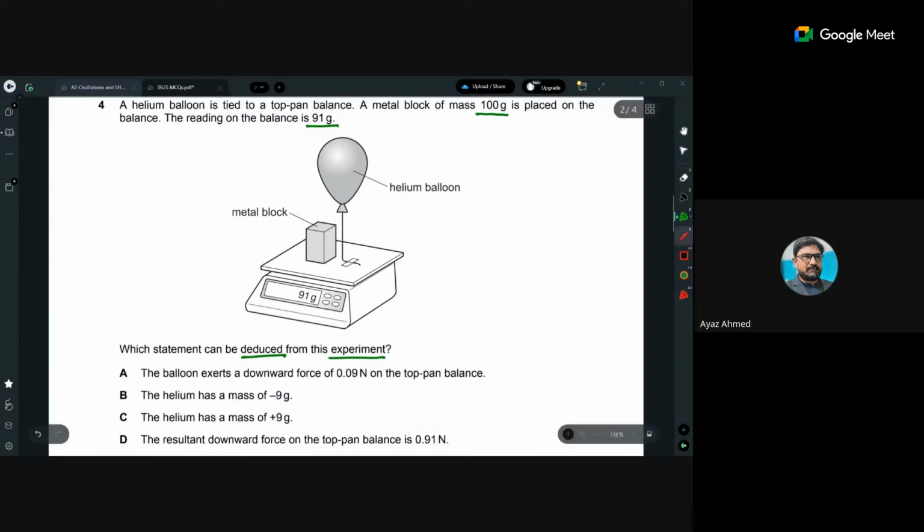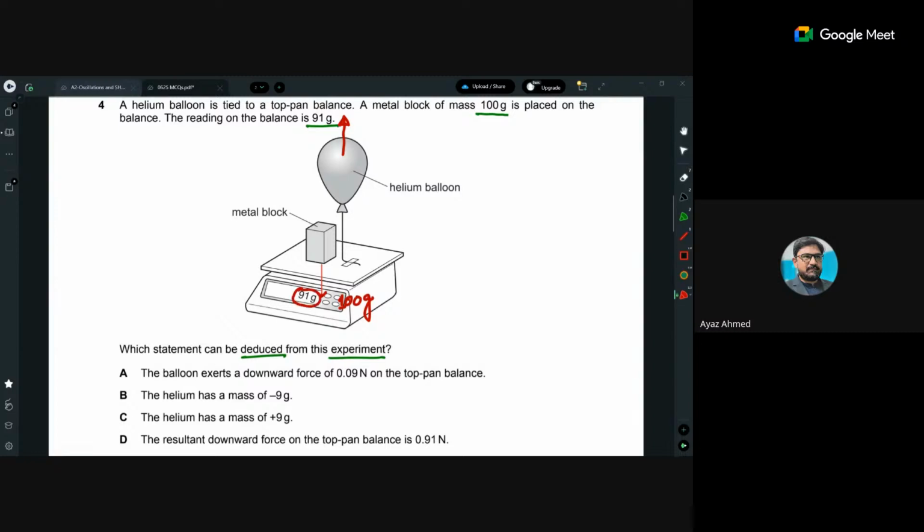By this experiment there is only one statement. If only this weight were there, it would provide how much mass? 100 grams. But when there is an upthrust force from this balloon, an upward force, that force is causing this reduction in the reading.